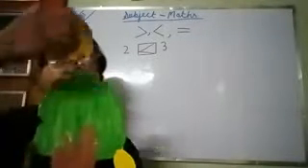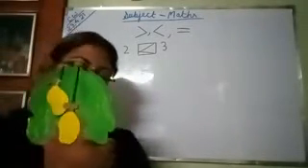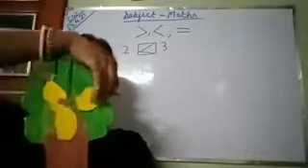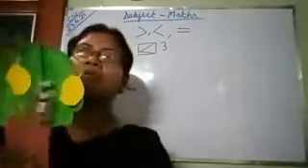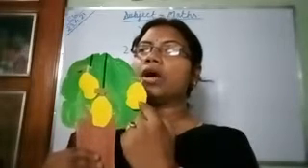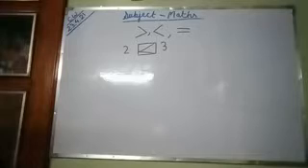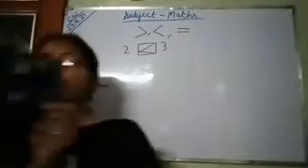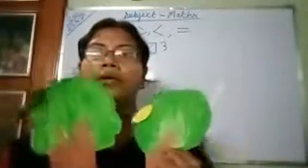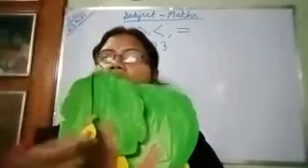Suppose we have in this tree 3 mangoes. In this tree, 3 mangoes are there. How many mangoes in this tree? 3 mangoes. 1, 2, 3. And in this tree, see, wait.